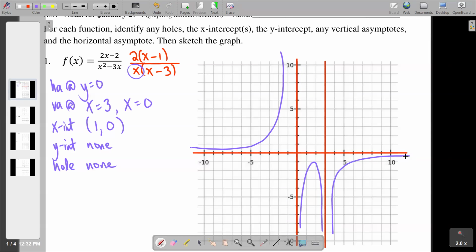But what we really want to do to be expert at this is we want to understand that the vertical asymptotes are really the regions that we want to focus on. We know, based on the definition of the word function, that a function has only one output for every input. So we know that the graph cannot look like this, correct?